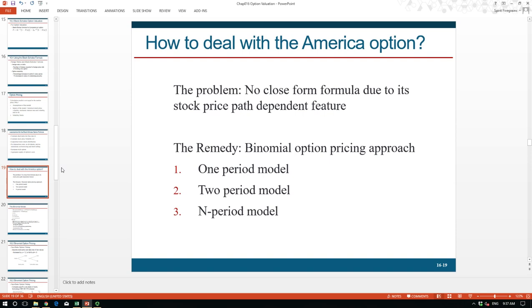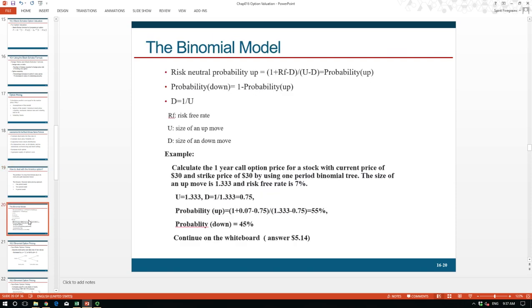Typically people use a 1-period model or 2-period model to see the nature of the binomial tree method, but in practice people use an n-period model to make the time interval as small as possible in order to get accuracy of option price. Now let's take a look at the binomial tree method.